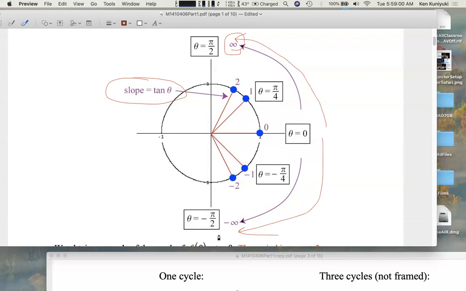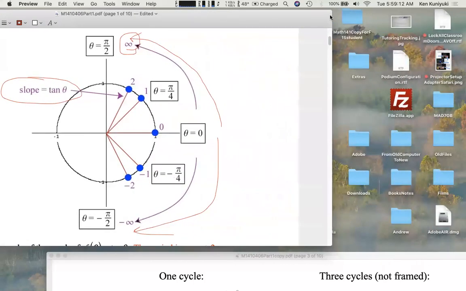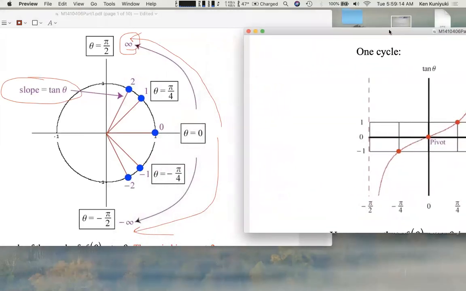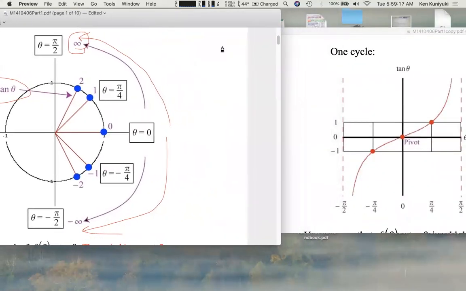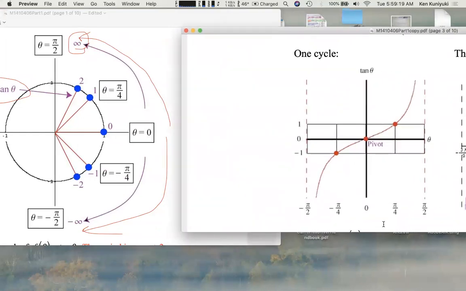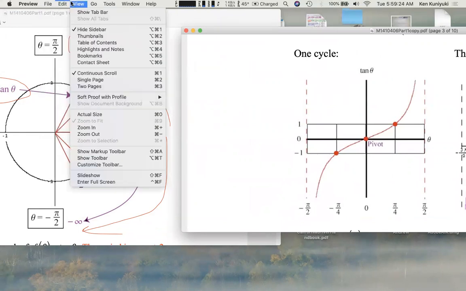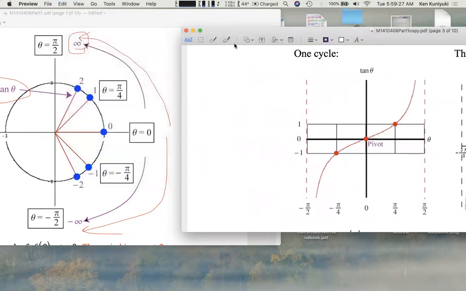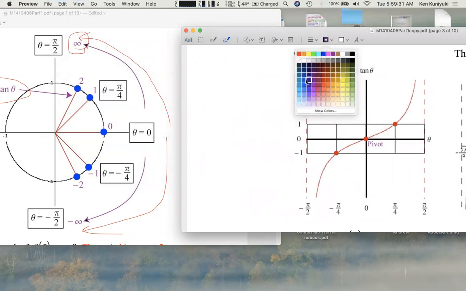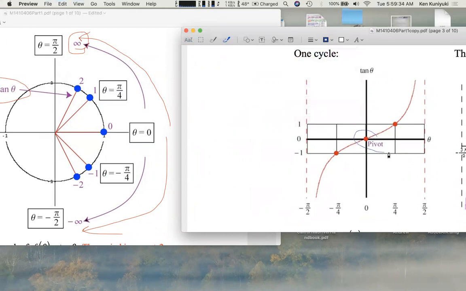And it turns out that we capture one cycle if we consider the open interval from negative pi over 2 to pi over 2. I'll discuss that in a moment. In the meantime, let's frame one cycle. All right. Now, one key difference from sine and cosine is that we're going to place our pivot, which corresponds to the origin, right at the smack dab center of the frame.